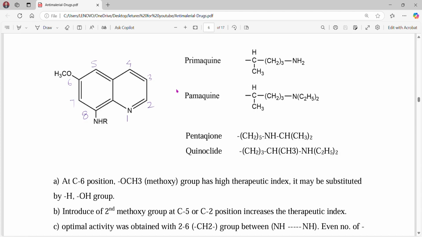It is usually given in connection with the 4-aminoquinolines. That means primaquine is usually coupled with 4-aminoquinolines to show schizonticidal action. They are also used against primary exoerythrocytic forms of Plasmodium falciparum infection.